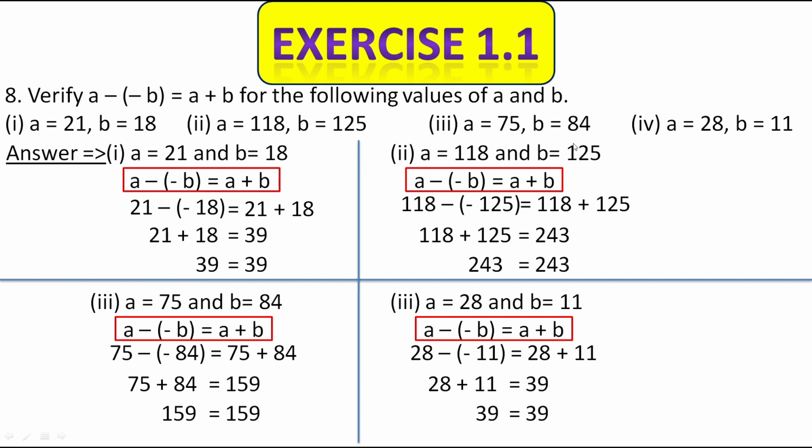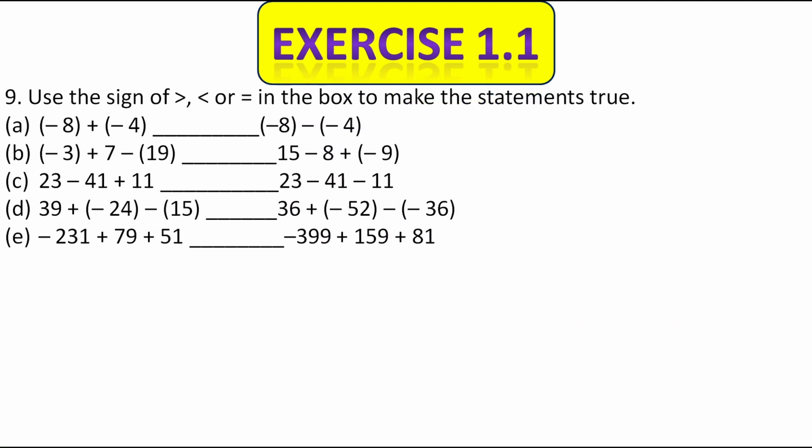Okay, now let's move to the next question, that is the ninth one. Here we have to use these signs and solve. First we will solve the first one, that is minus 8 plus of minus 4.